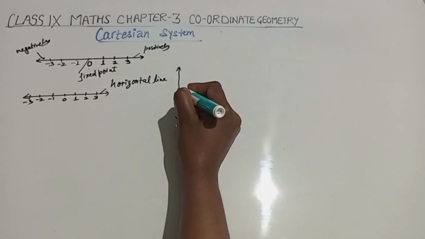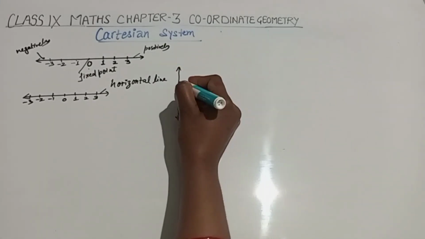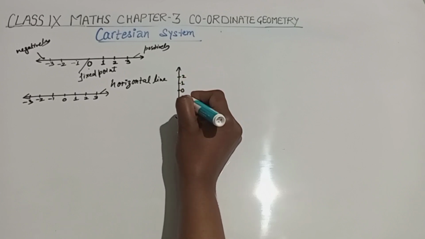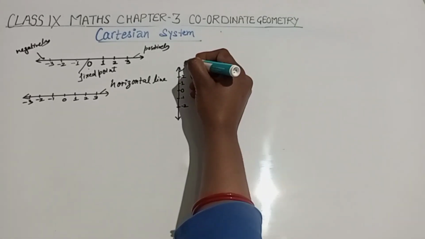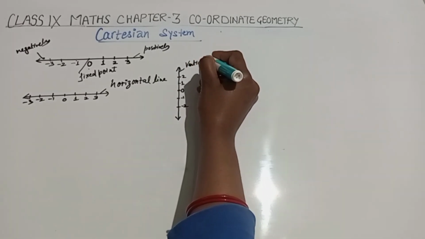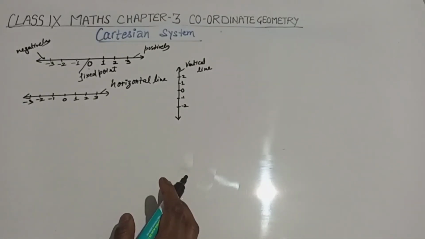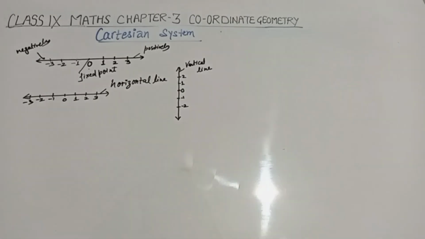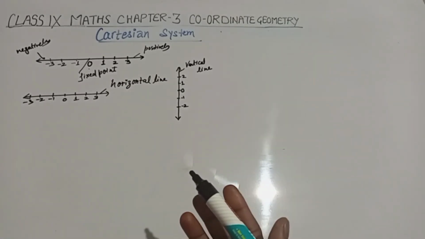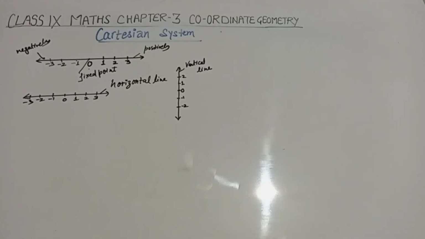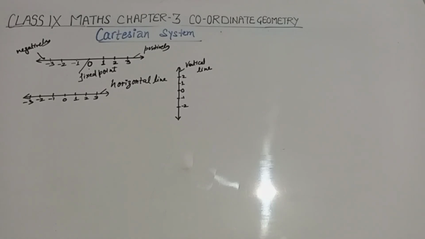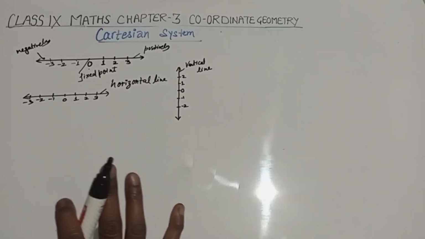René Descartes invented the idea of two lines perpendicular to each other on a plane for locating points on the plane. The first is a horizontal line and the second is a vertical line, both perpendicular to each other, and they put numbers on these lines.